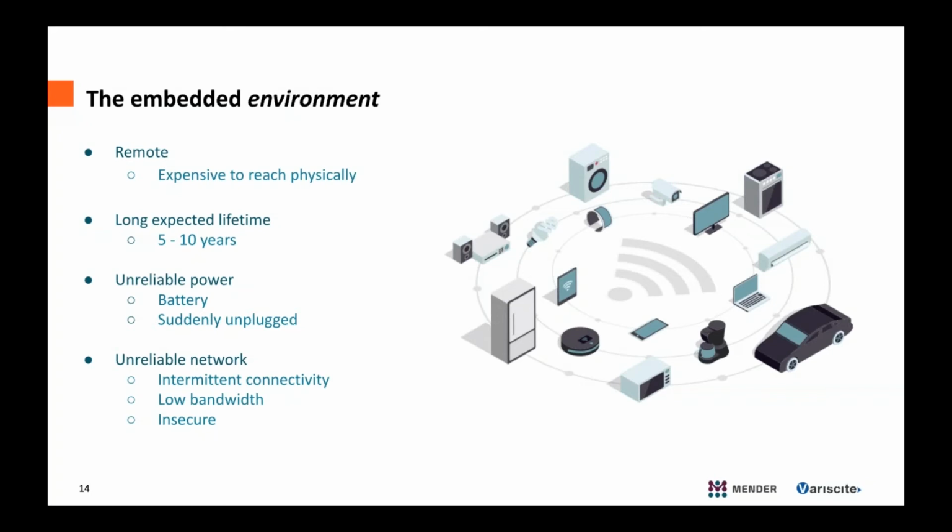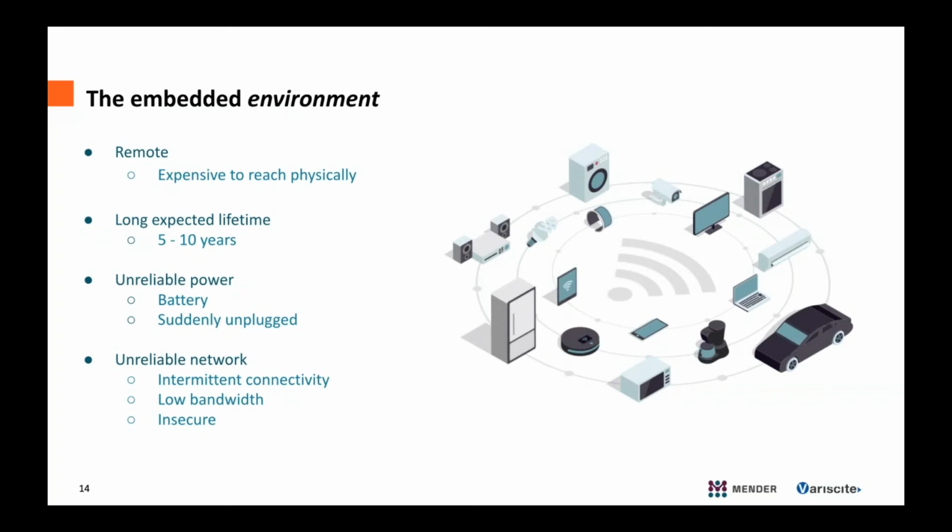But when you're talking about the embedded space, in a lot of cases these devices are going to be remote. As I mentioned a few minutes ago, they could be in the Arctic or in fish farms, out in the middle of the ocean somewhere. So it may be expensive to physically put hands on these devices. They tend to have a long expected lifetime. Many of these devices live for 5 to 10 years. If you're in the automotive space, it can be even longer.